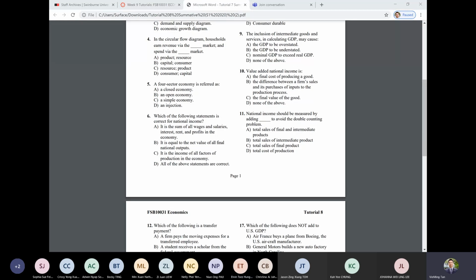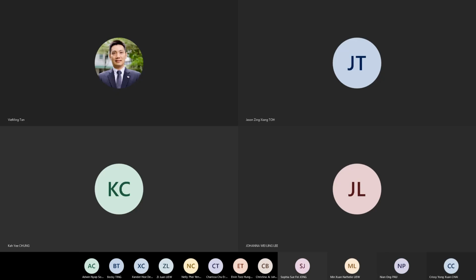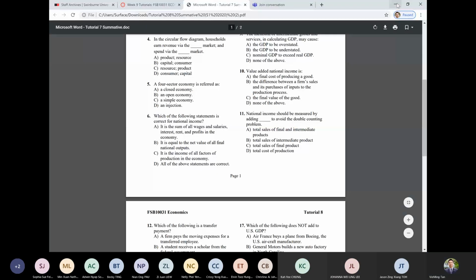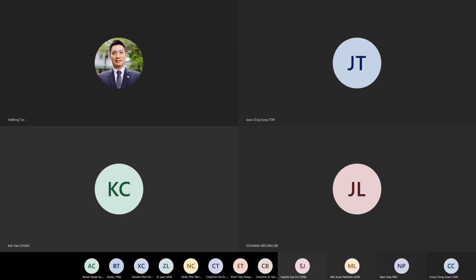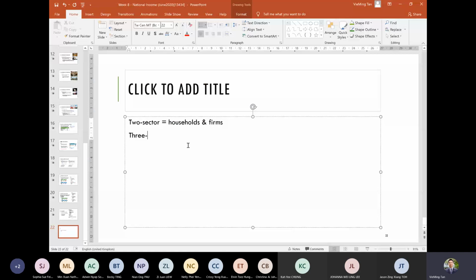Okay, can you see the screen now? So two sector means involving the household and firm sector only. The firm sector refers to the private firms.